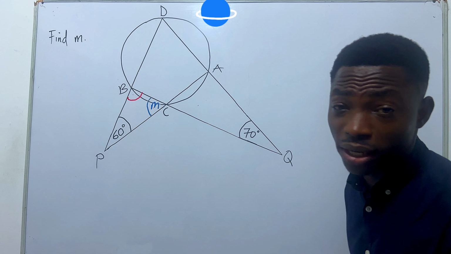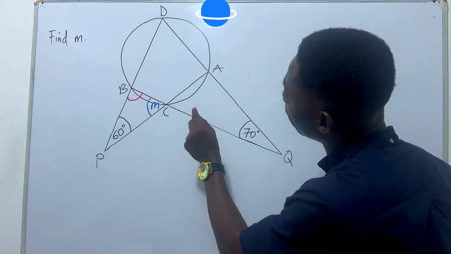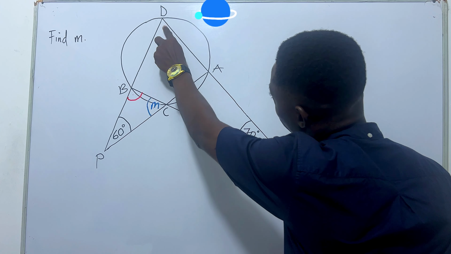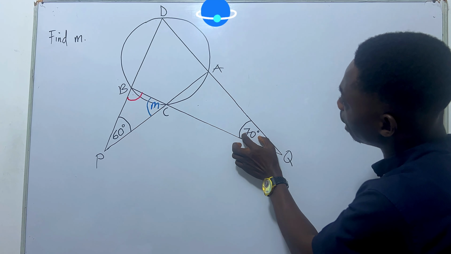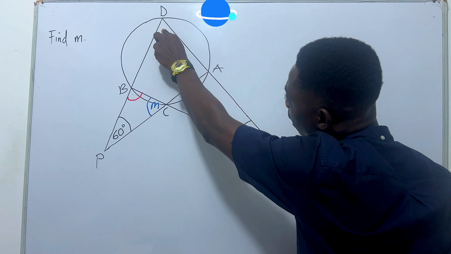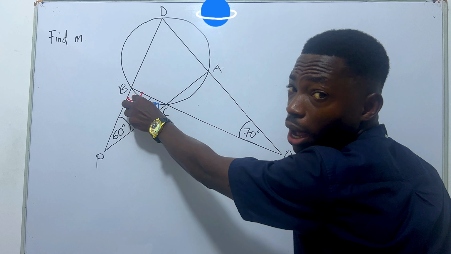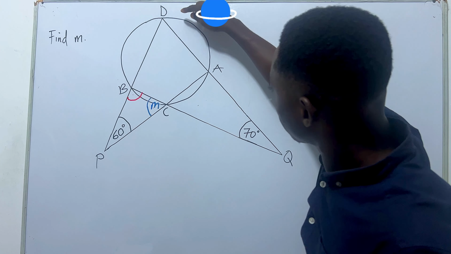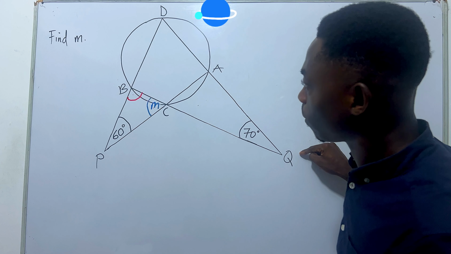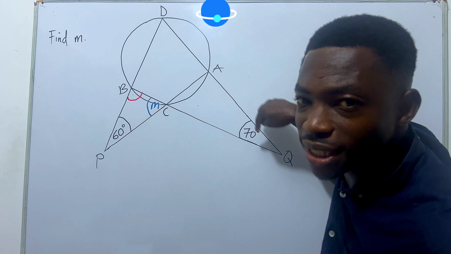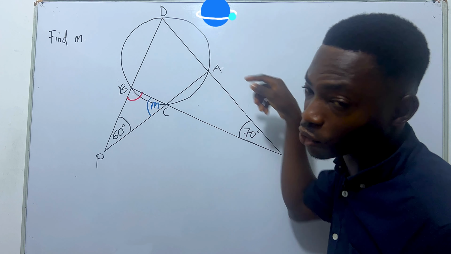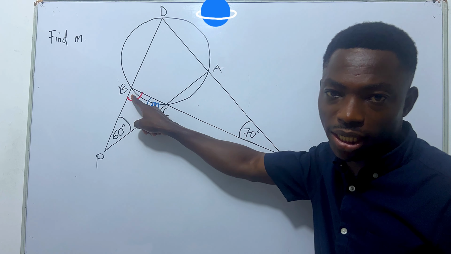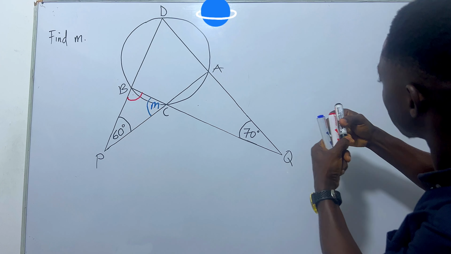Now, here is the deal. Once we are able to determine this angle, we can comfortably say this angle plus the angle over here is equal to this angle. Why? Because if we consider triangle BDQ, the sum of two opposite interior angles of a triangle is equal to its exterior. So you see, it looks something like this.